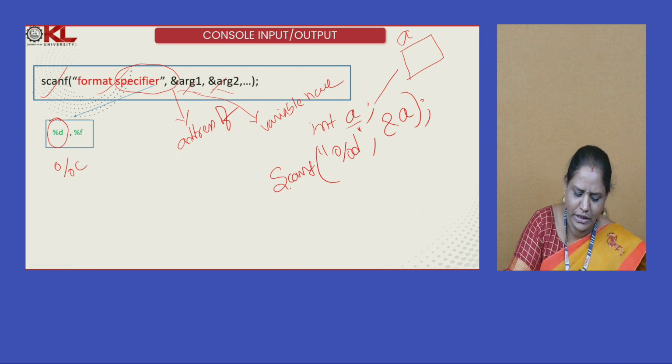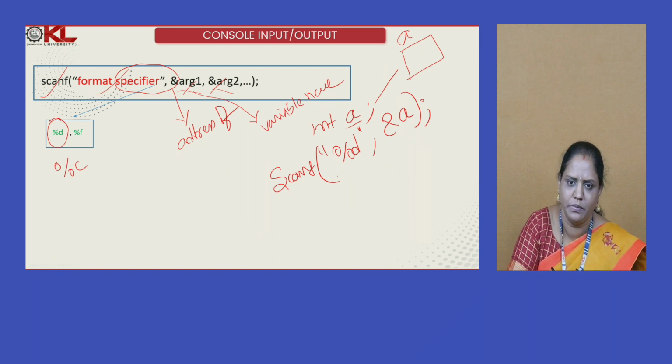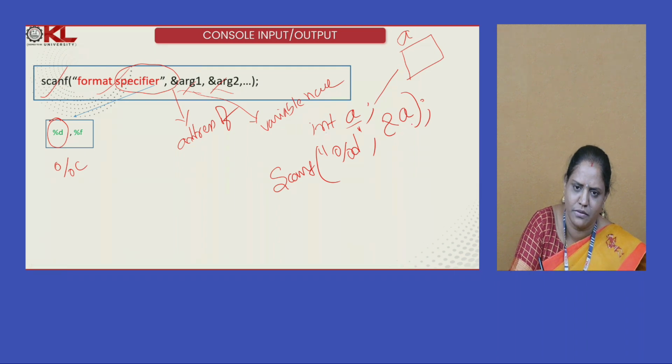Now when I write the statement scanf %d address of a, at the time of execution I enter some value through my keyboard, and that value is read by the scanf function and stored in address of a.